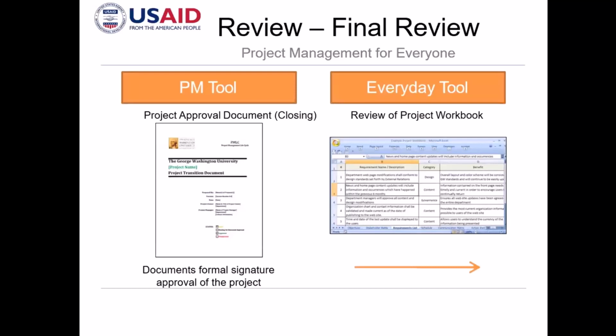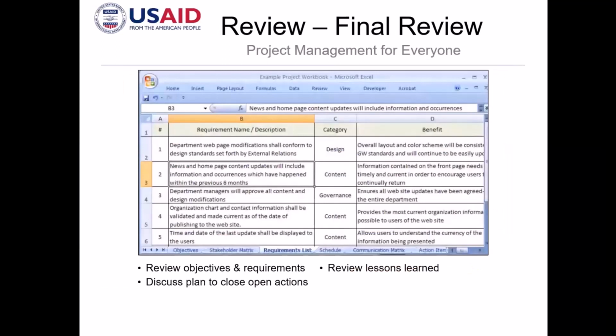And this will be the document that tells everybody that the project is already finished and done. So it's already closed. As we have said earlier, the project is just temporary and it should have a beginning and an end. And then the final review, of course, will include each and every comment on the lessons learned. And all of these things would be included in your project approval document.